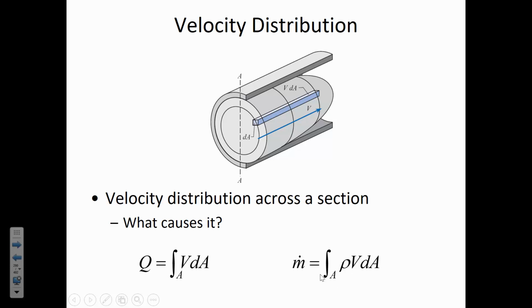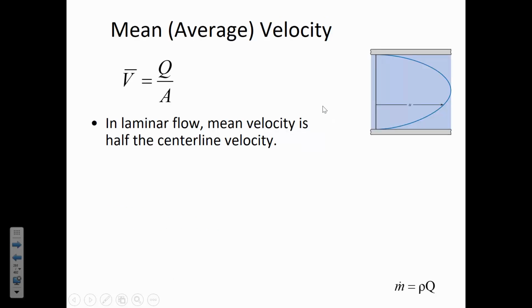And the same thing with mass flow rate, it's just we take that same approach and multiply it by the density of the fluid. But the truth is we rarely have an equation that readily describes the velocity profile. And so most of the time what we're doing is we're just calculating the average flow velocity.